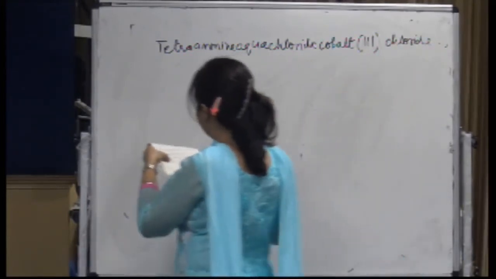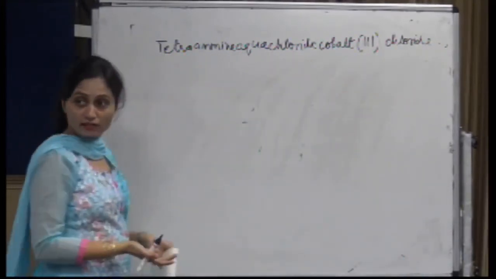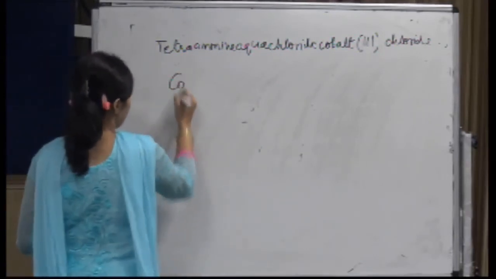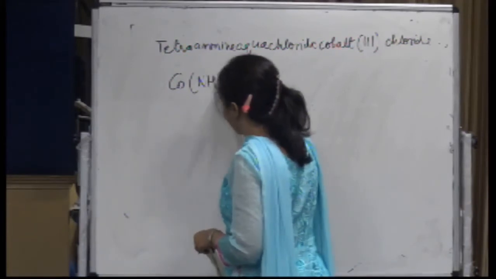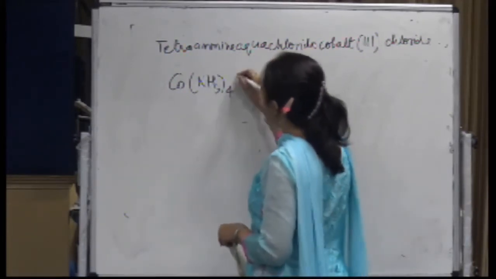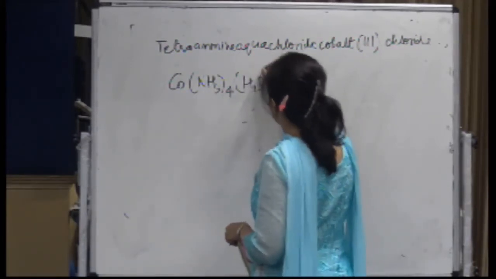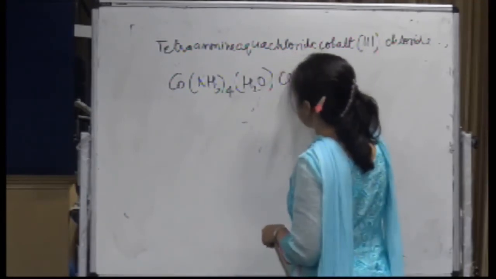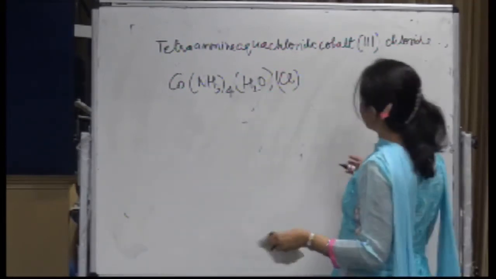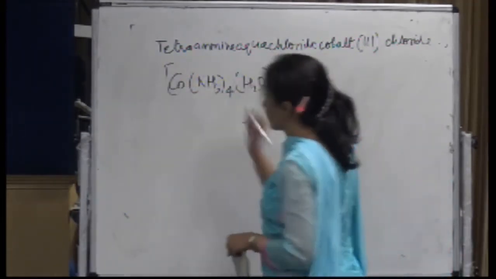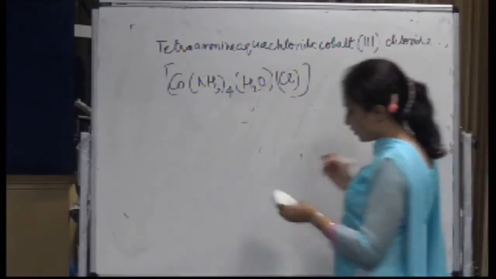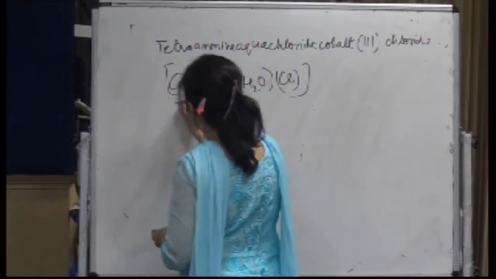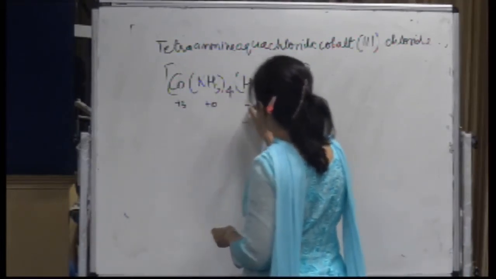So cobalt first. Start with your coordination sphere: cobalt first, tetraammine, this is very quick, aqua is simply water, chlorido is simply Cl. Alright, done. Square bracket closed because our coordination sphere is finished. Then you have +3, +0, +0, -1.